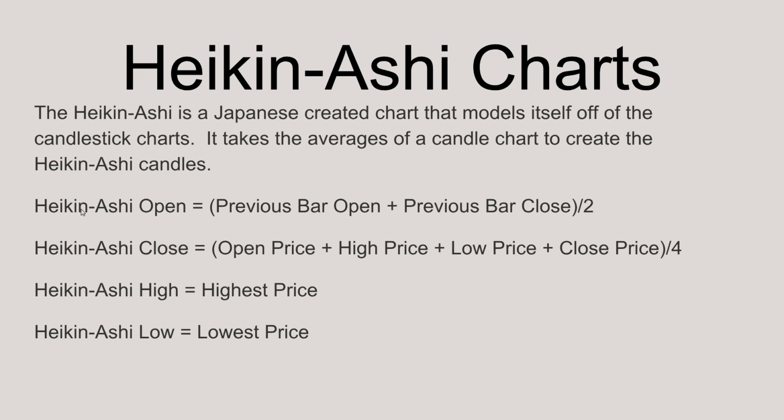So if we look here, the Heikin Ashi open is going to be the previous bar's open plus the previous bar's close divided by 2. So the candle which we're opening now will be placed between that previous candle right there. The close price is going to be the current open plus the current high plus the current low plus the current close, all divided by 4.